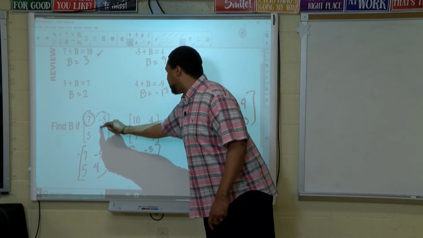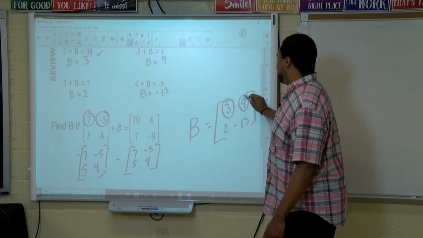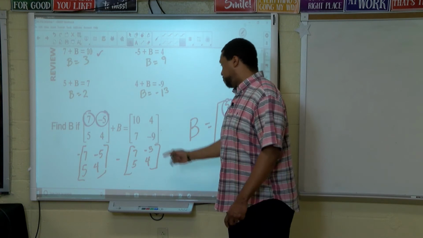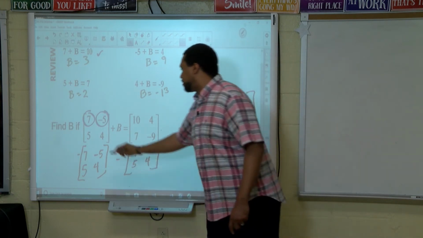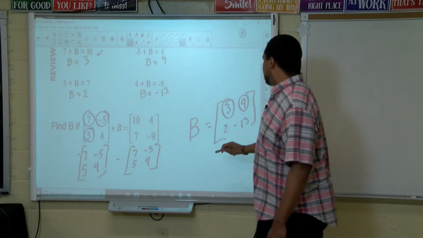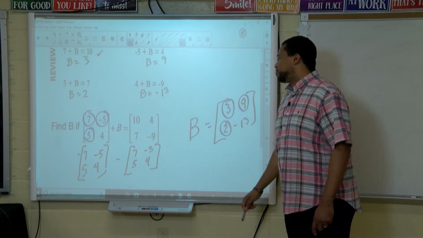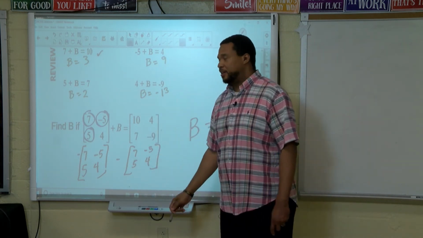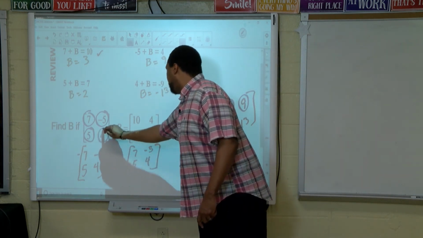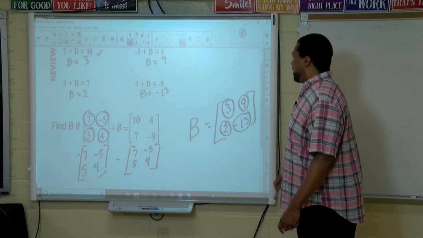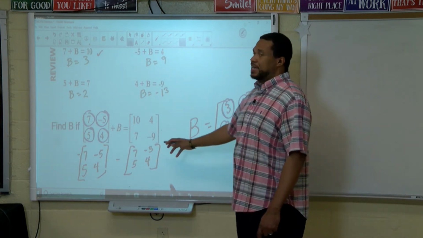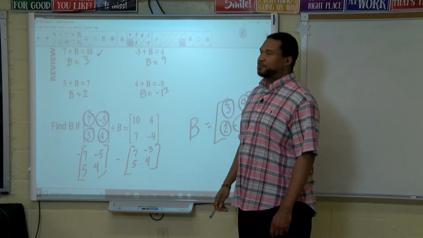Negative 5 plus 9 does equal 4. 5 plus 2 does equal 7. And 4 plus negative 13 is negative 9.